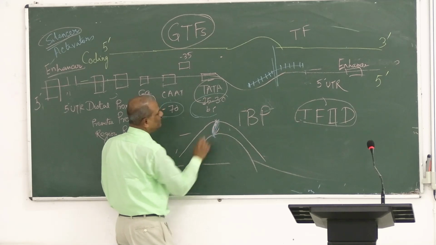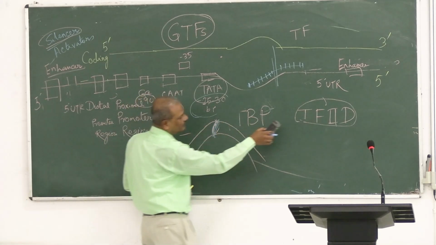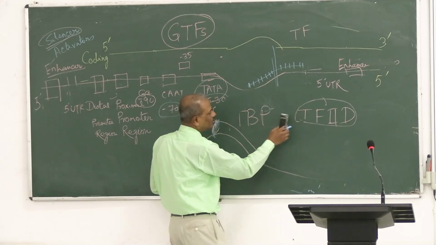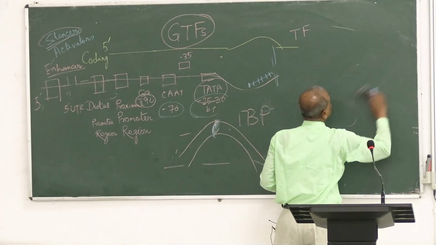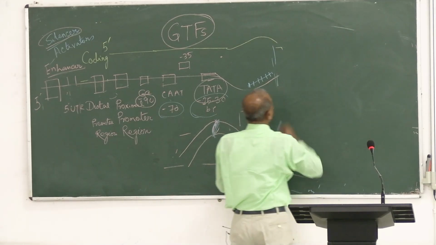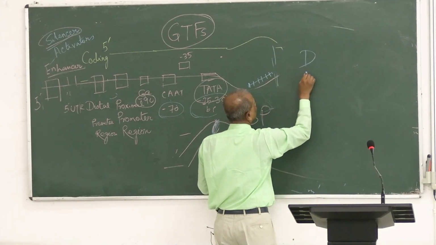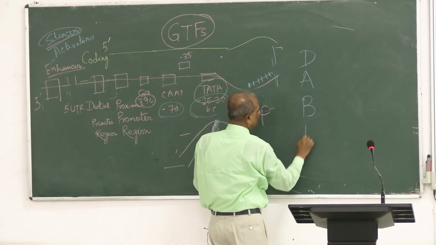And once TBP binds, it binds TF2D along with other factors, and sequentially what happens is factor D, factor A, factor B.